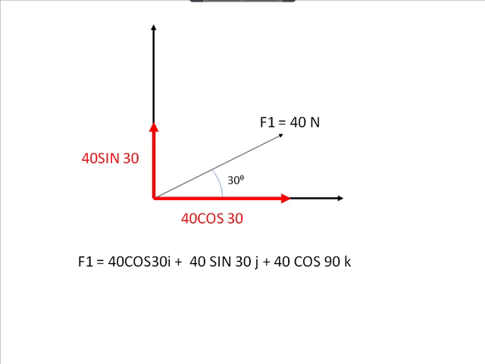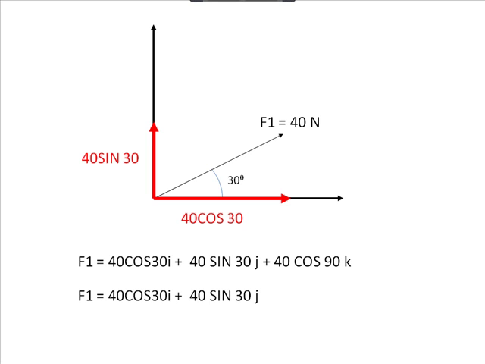Now cos 90 is 0, and if we are going to deal with planar forces, for any force in this plane, the angle with z axis is always going to be 90, and therefore cos 90, the z component of any planar force which is in xy plane, will always be 0.